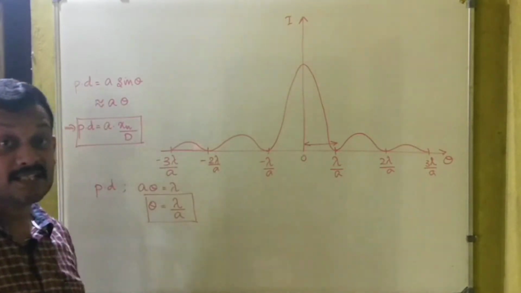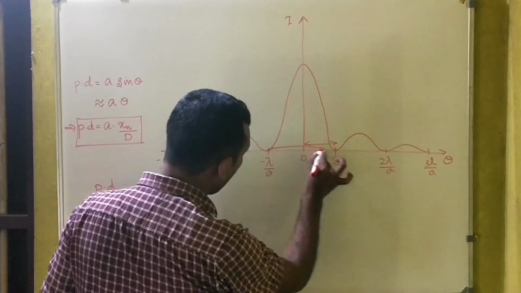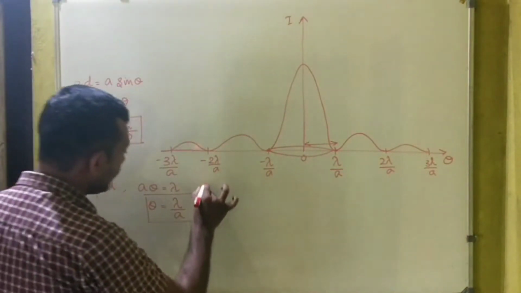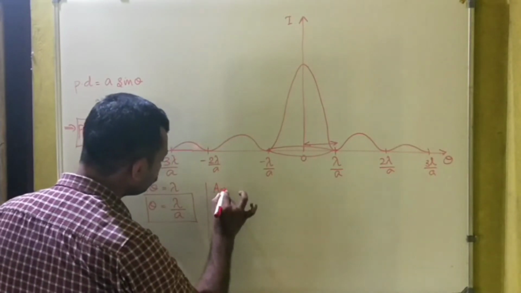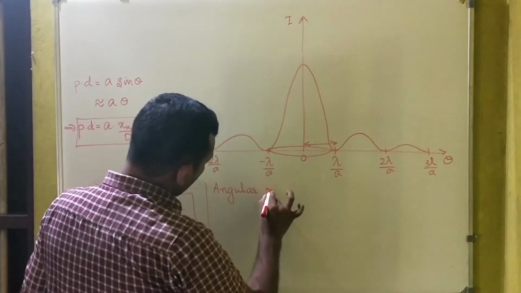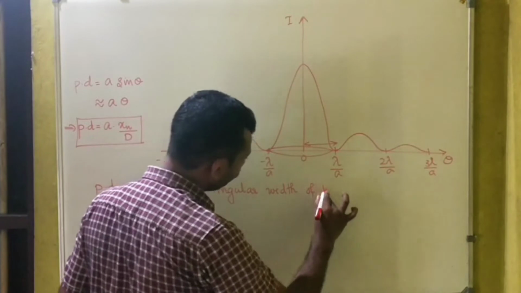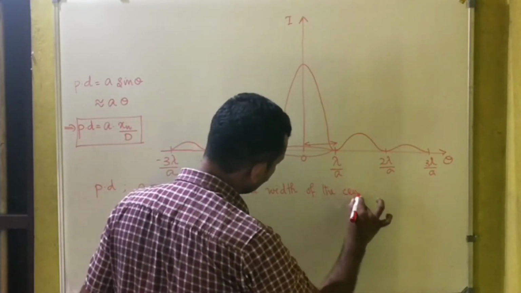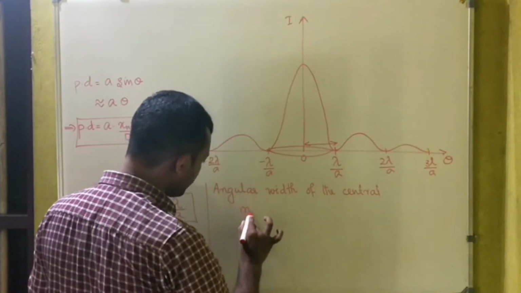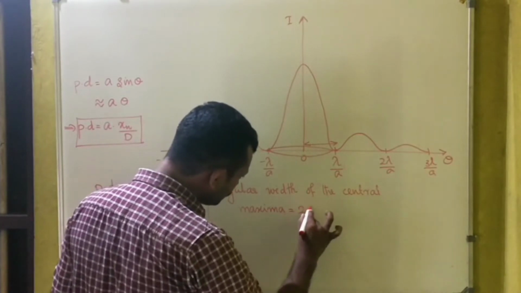The question I am asking is, what is the angular width of the central maxima? The angular width of the central maxima is equal to 2 theta.